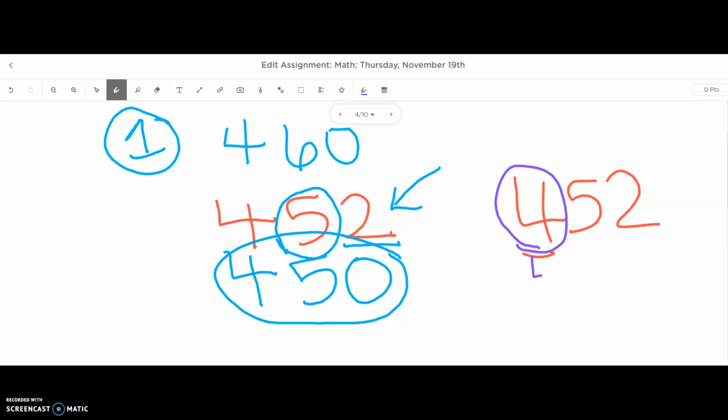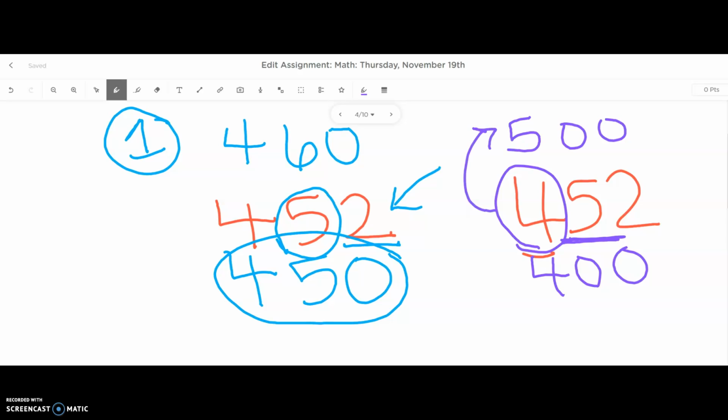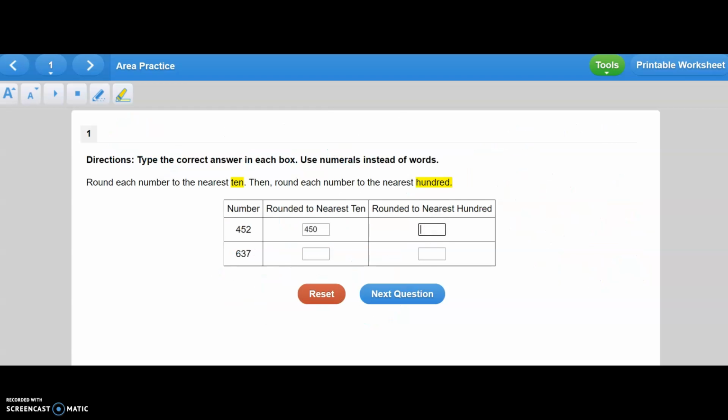So I'm either going to stay at 400, or I would get a shove to 500. So I found the place, and now I'm going to look next door. Is that 5 and above, give it a shove, or 4 and below, let it go? 5 and above, give it a shove. So it will be rounded to 500. After you wrote that out, type in 500. Remember, pause your video if you need more time.